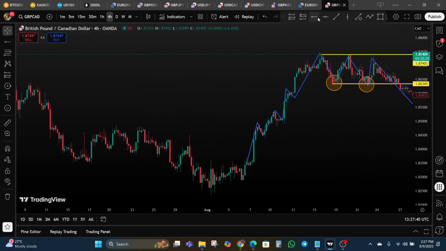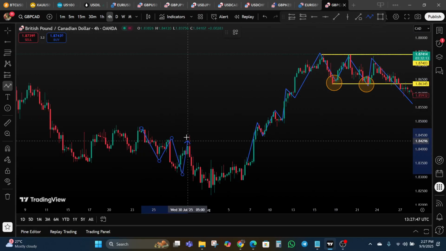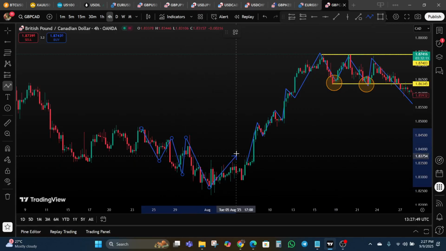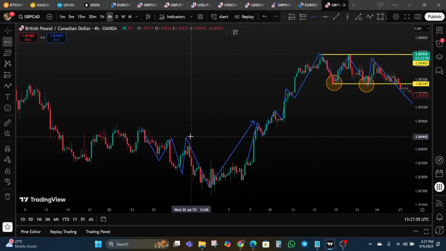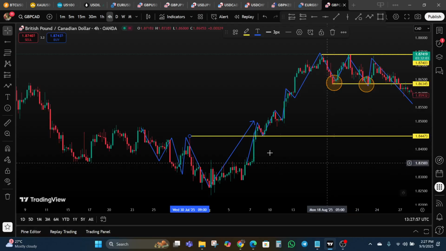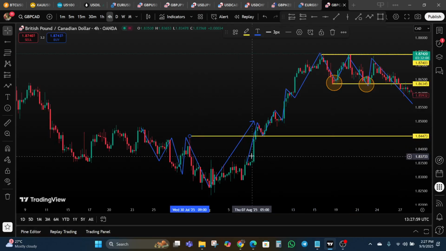Then at some point, if you notice that in a downtrend, with lower highs and lower lows, price is now forming a higher high, that shows you that a change of character has happened when the previous high has been broken.